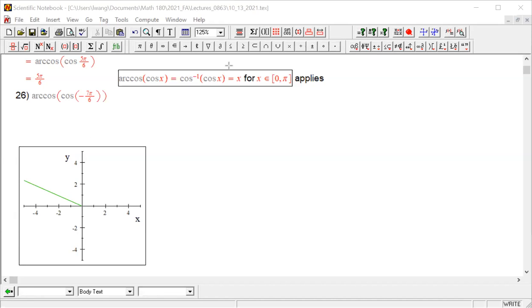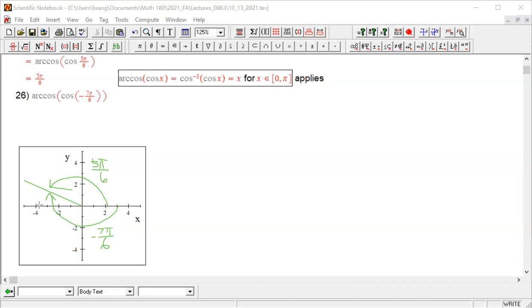So if you understand angle measurement, this is the given angle, negative 7 pi over 6, and there's another angle which shares the same terminal side, that's 5 pi over 6. They share the same cosine. If you draw that triangle, they share the same cosine, the red number.